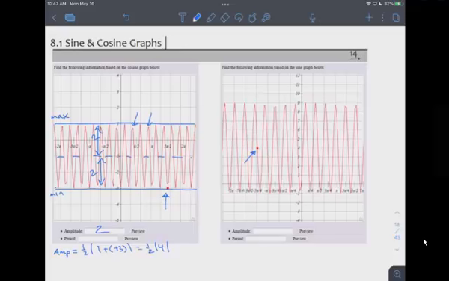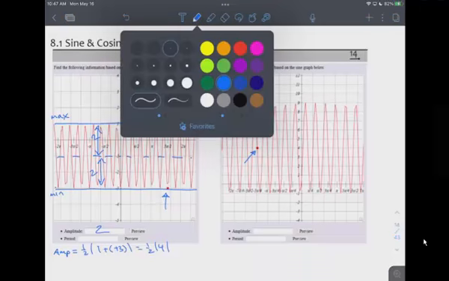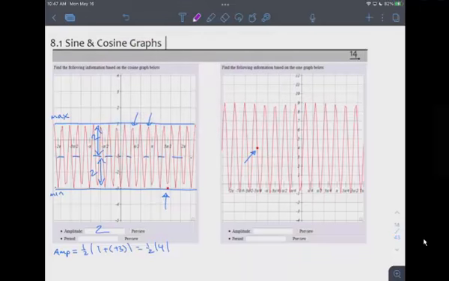All right, the period is the one that's a little bit tougher, and you have 2 ways that you can calculate or identify the period. One of the ways is to figure out how many cycles there are within 2 pi.